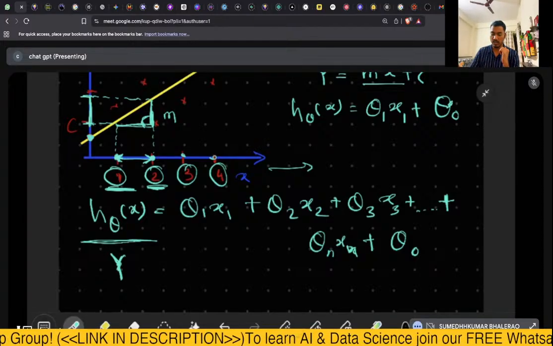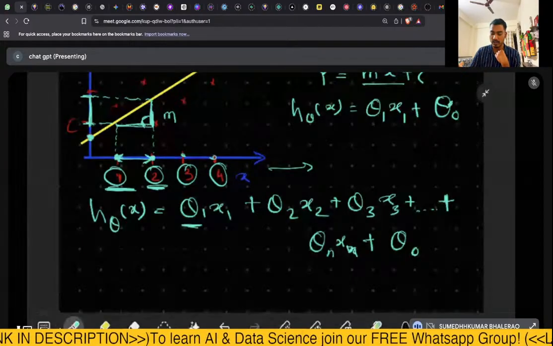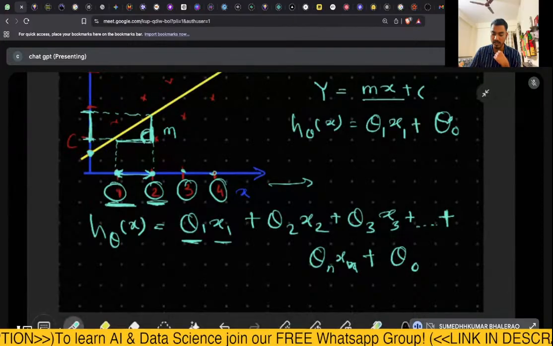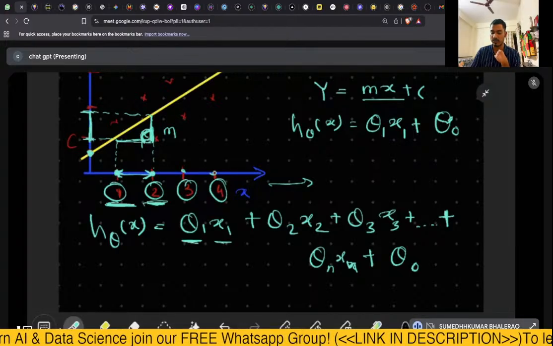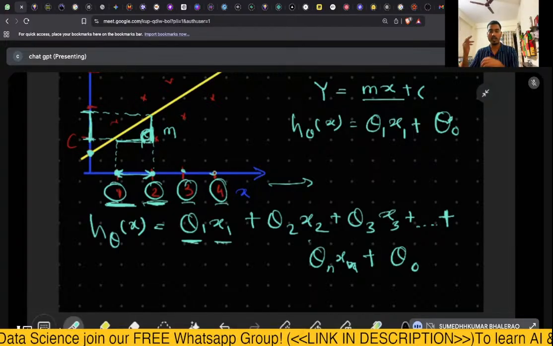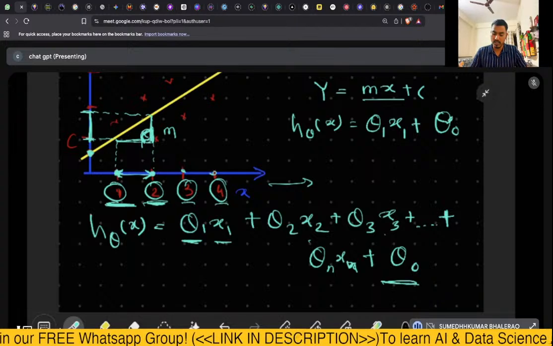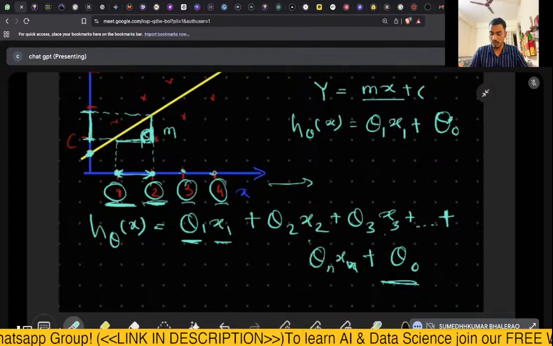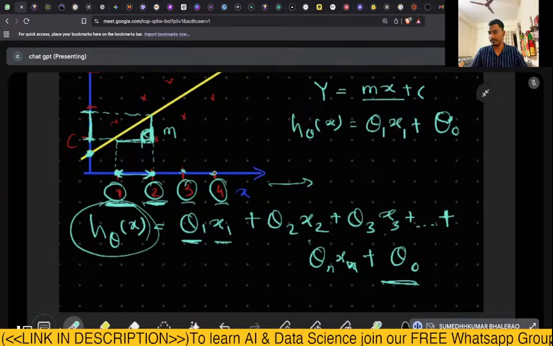So here we need some theta, meaning this particular angle, and the x values, x1, x2, x3, x4, and so on, and the interception. If you know this interception and these x values, you can get your predicted value.